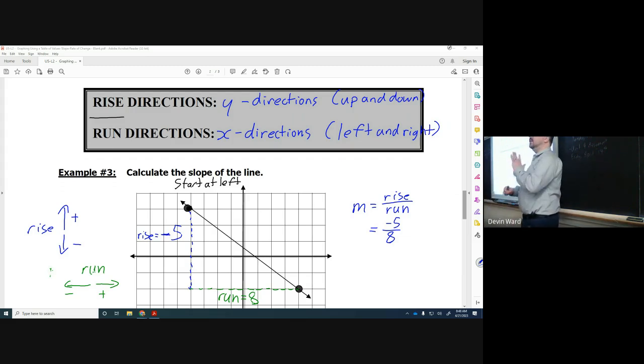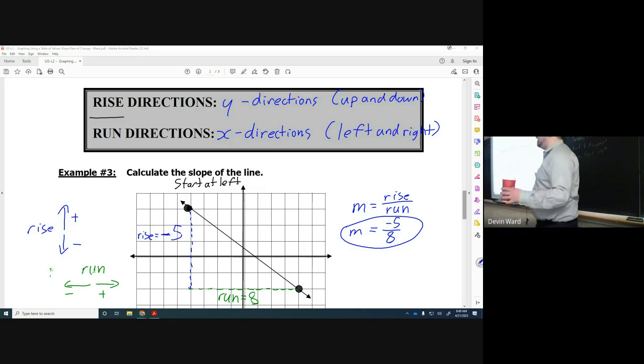Can we reduce this to lowest terms at all? Well, 5 is a prime number, so it can't get any lower, and 8 is not divisible by 5, so it's already in lowest terms. Usually, if they're both even numbers, you can divide by 2, so then you can bring it down to lowest terms.